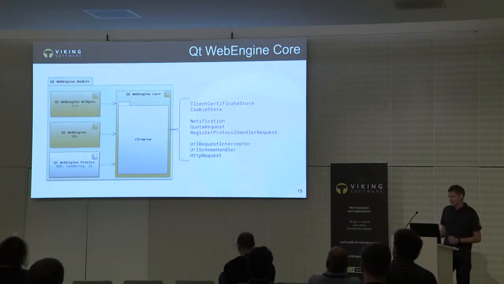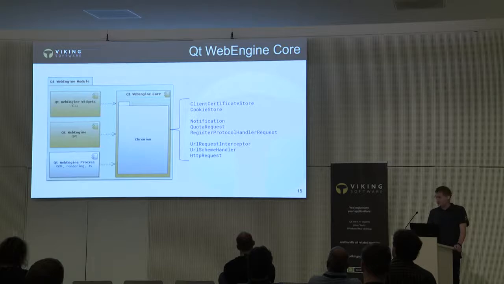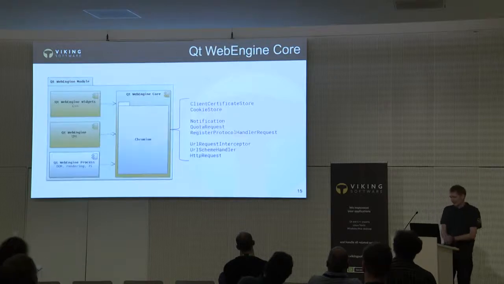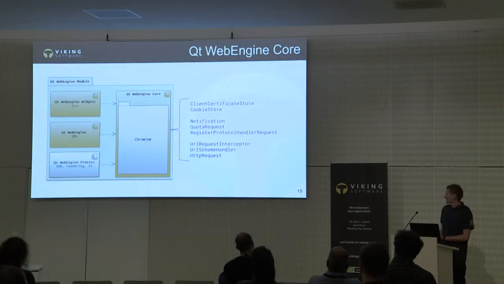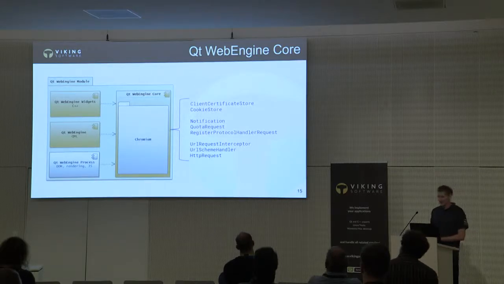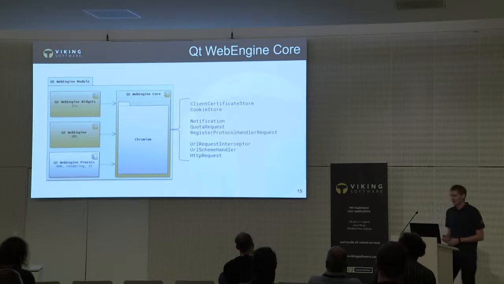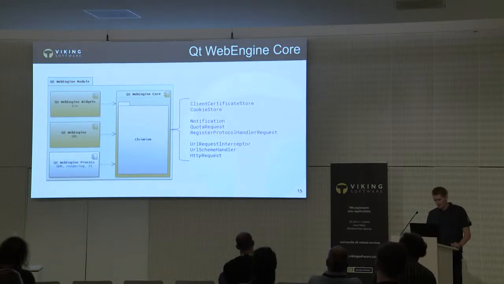And that's probably the most interesting API available from the WebEngine core submodule. Yeah, sorry. The two other submodules, WebEngine and WebEngine widgets, are actually almost the same. The difference is purpose. One is intended to be used from the C++ side, and the other is for Qt Quick QML.